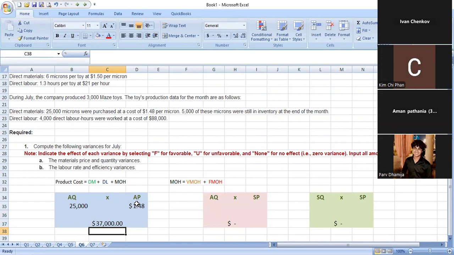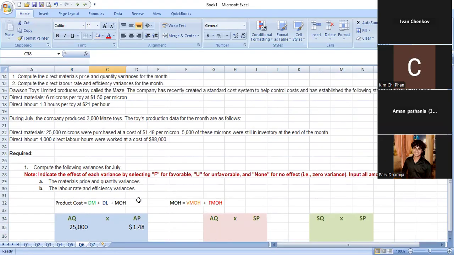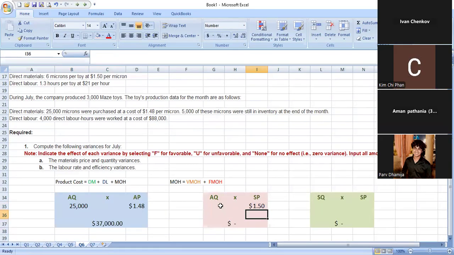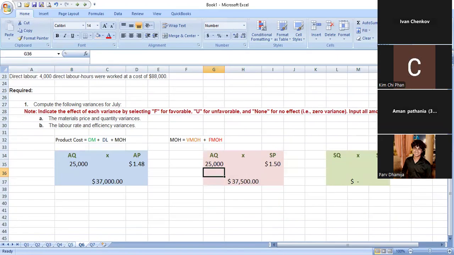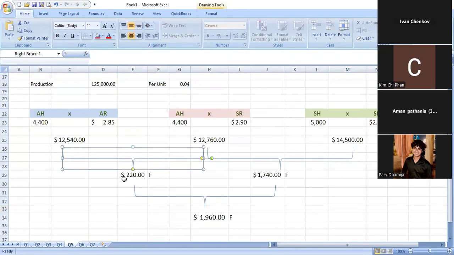What's our standard price? Based on our standard, how much are we supposed to pay? 1.50. Actual quantity is 25,000. Right? And then we're going to have our first variance.